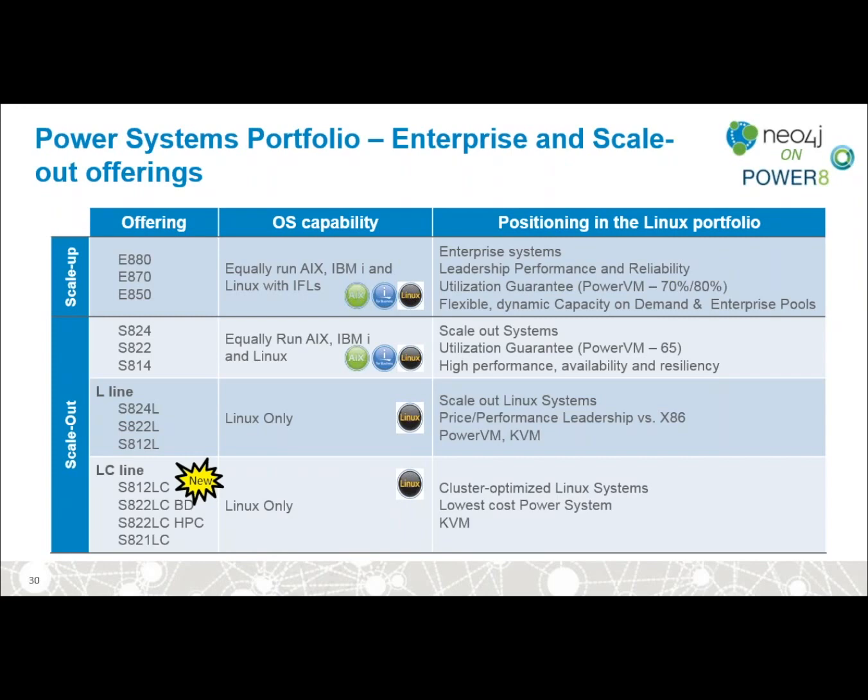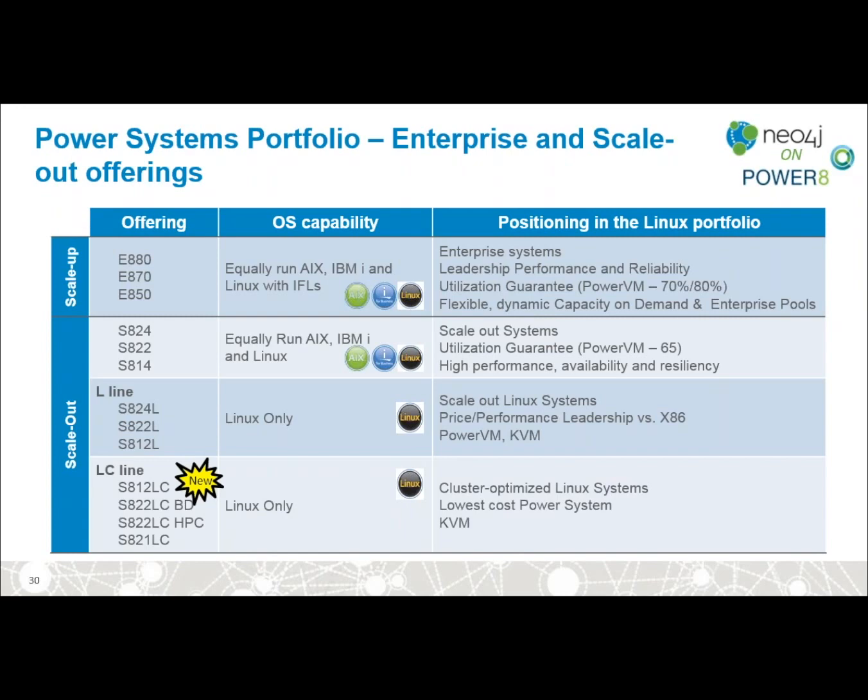Especially there is a new line of servers that we introduced earlier this year and refreshed just this quarter, called the LC line of servers. These servers are built on top of some of our collaborative work as part of the OpenPower Foundation that I mentioned earlier.